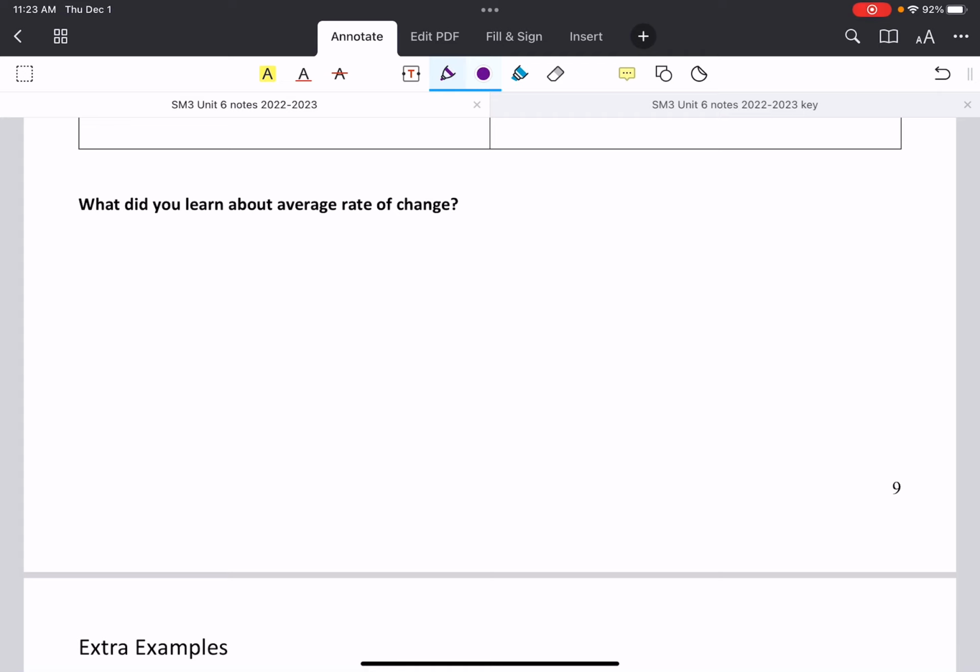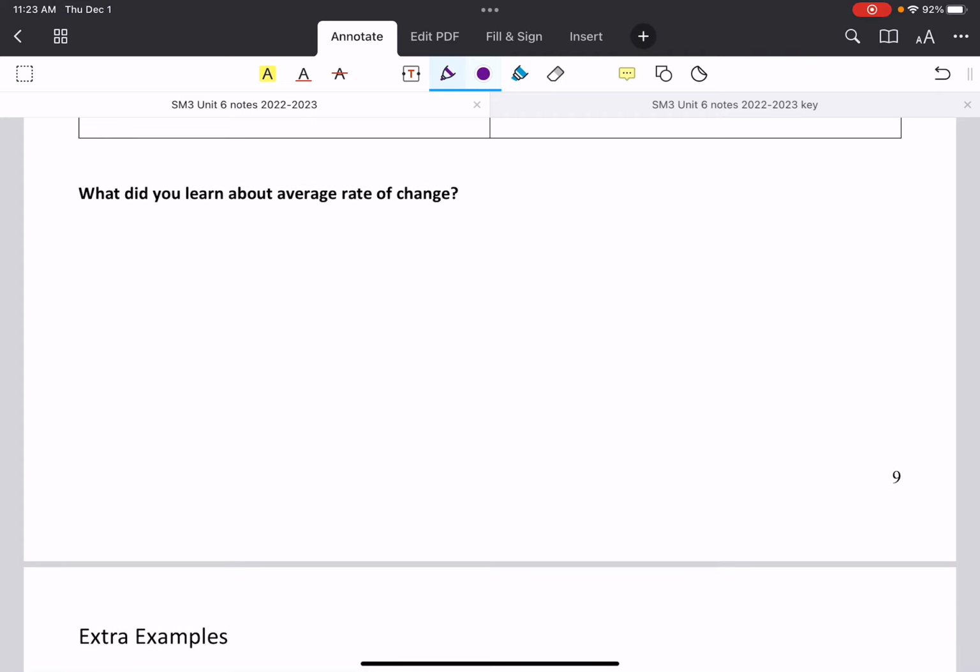That is this entire math lesson. If you can figure out how to subtract y values and divide it by subtracting x values, then you've mastered the lesson. This is the actual formula for it, so don't freak out.